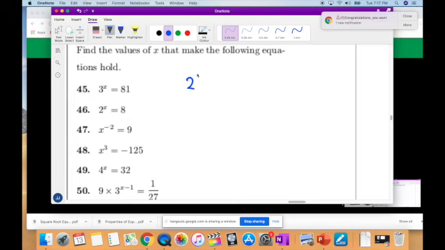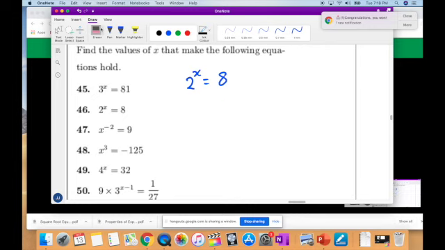So it was 2 to the power x is equal to 8. So I did x equal to the square root of 8. Wait, what? What is the square root of 8? The square root of 8 is not 3.